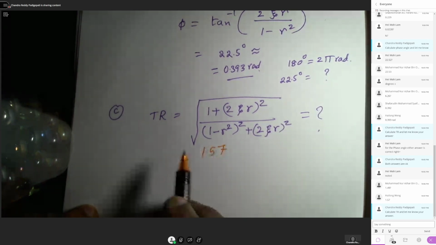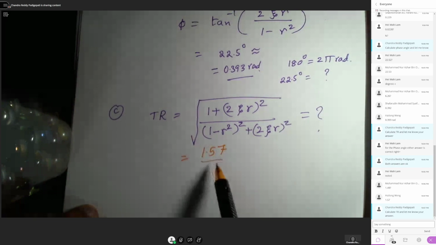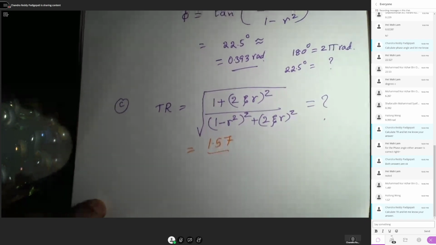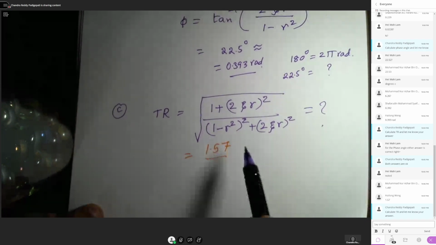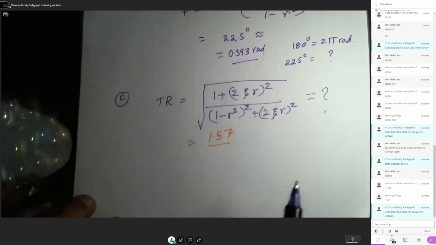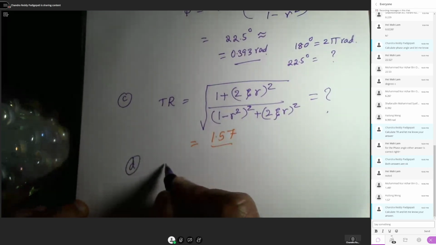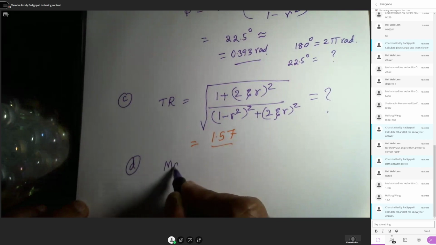So that means the transmissibility ratio is greater than 1. So you can see that more displacement is transmitted. All right. Then we calculate the next part, the magnitude of the force transmitted.